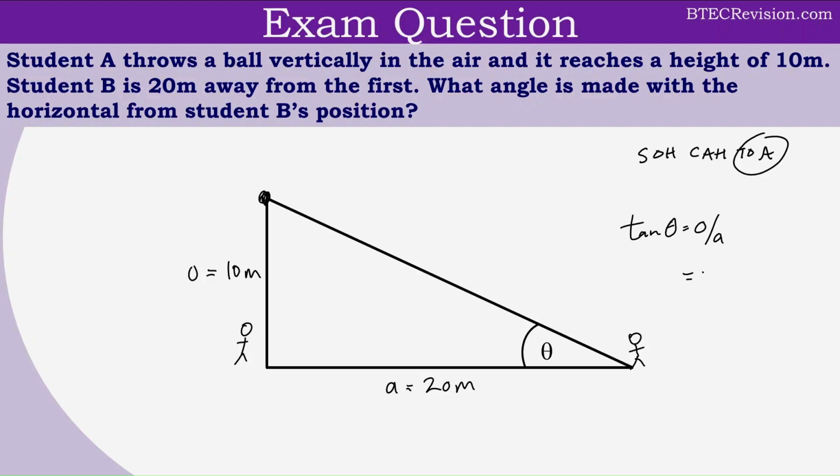And we can plug in the values of 10 divided by 20, which is equal to a half. Then we're going to inverse tan to get our theta, which is inverse tan a half, which will give us an angle of 27 degrees to two significant figures.